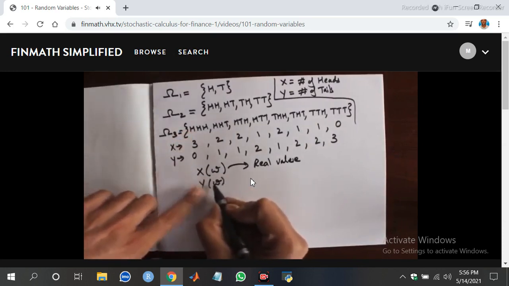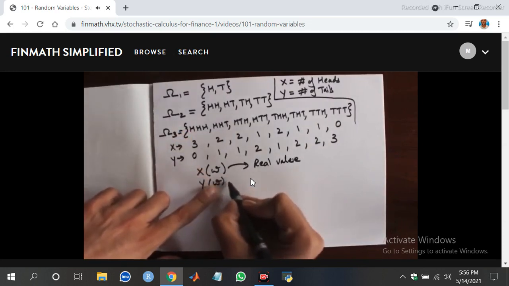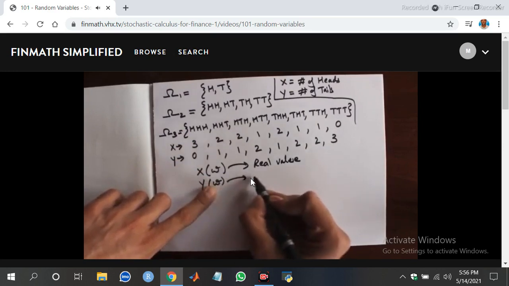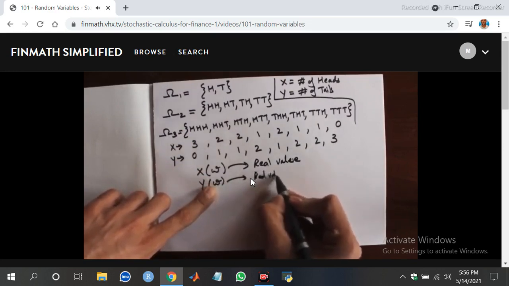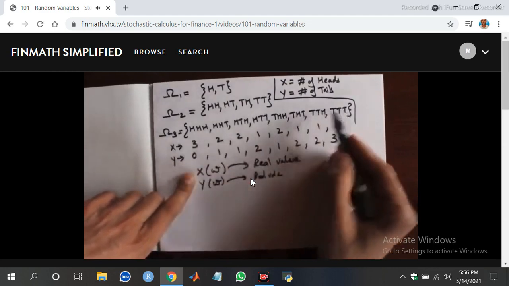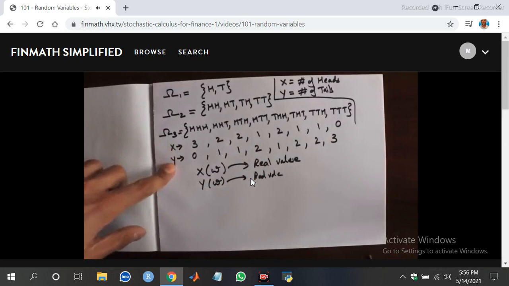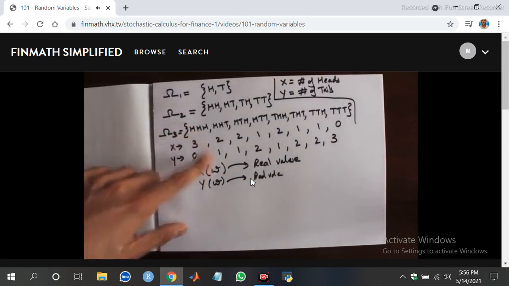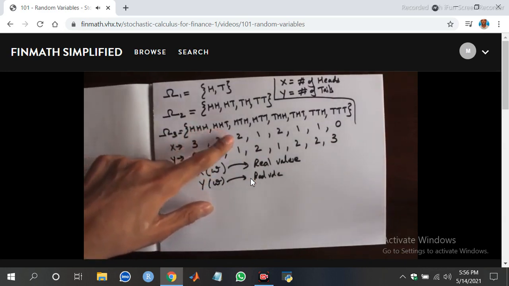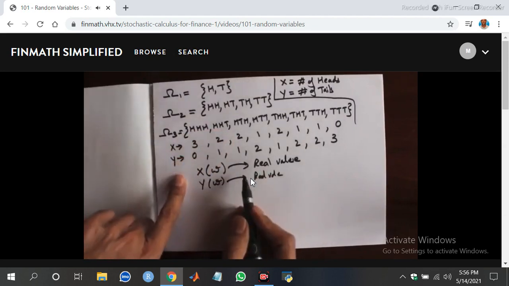It can take various outcomes and assign a real value as well. Even though the experiment is exactly the same, tossing the coin 3 times, we have defined 2 separate random variables, and depending on the coin tosses, they assign different values.